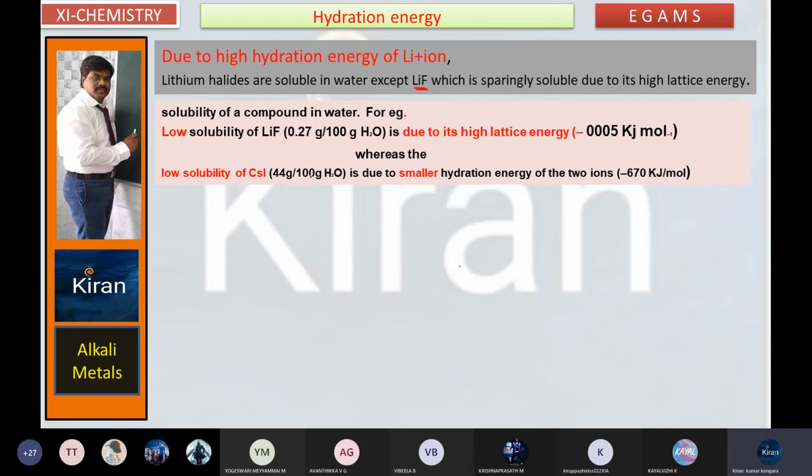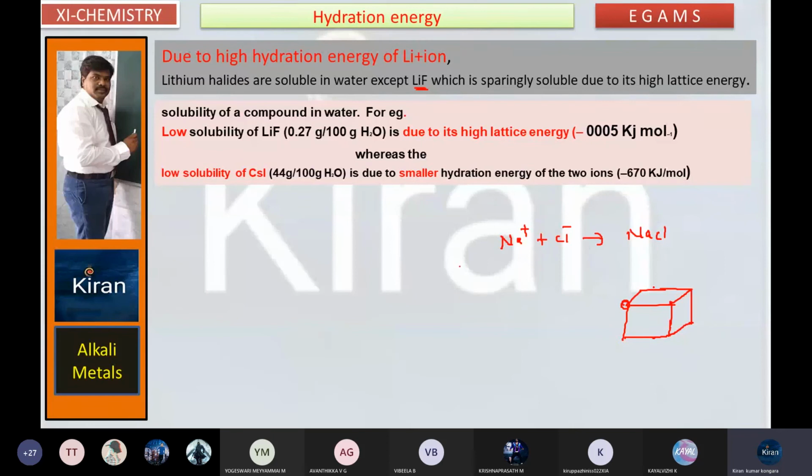So here the low solubility is due to its high lattice energy. Lattice energy means, when sodium chloride is forming, for example, sodium ion plus chloride ion, you get a sodium chloride crystal. The sodium chloride crystal has a shape in which all the atoms are arranged in this shape.